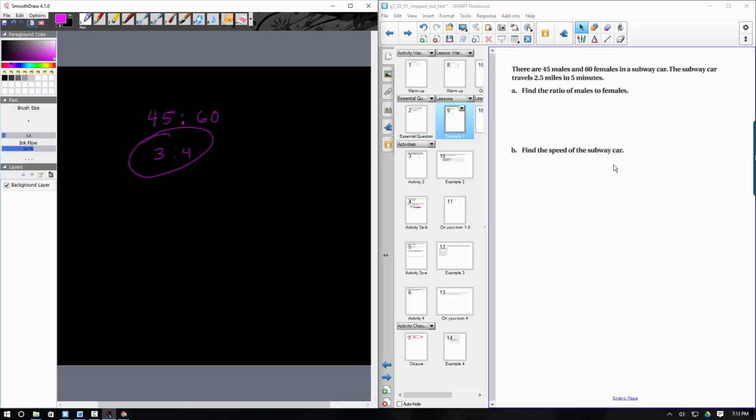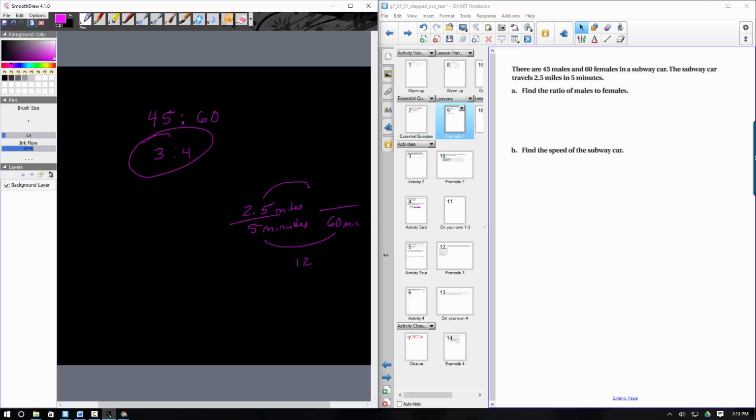It says find the speed of the subway car. So it goes 2.5 miles in 5 minutes. So I'm going to say 2.5 miles in 5 minutes. And let's say I want to figure out like miles per hour, right? Well, then I want to make it how many minutes here? 60. And I have to figure out what the scale factor is between these two. And it would be 12, right? So times 12.